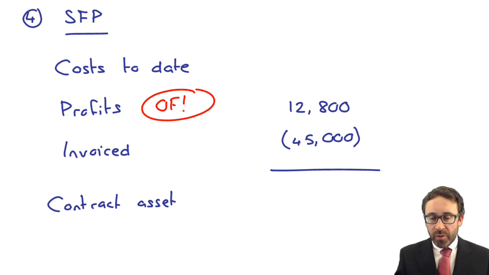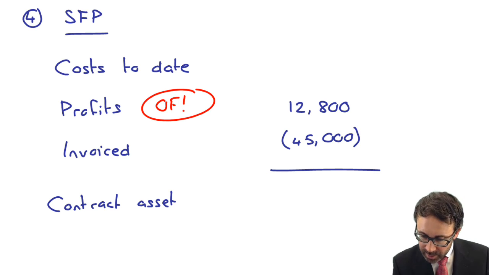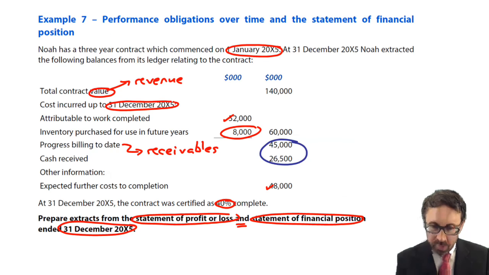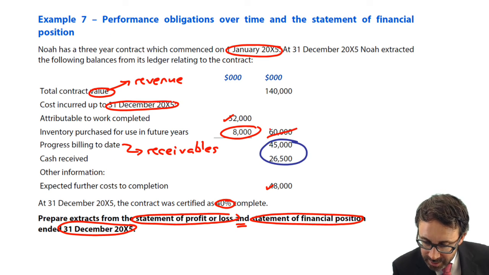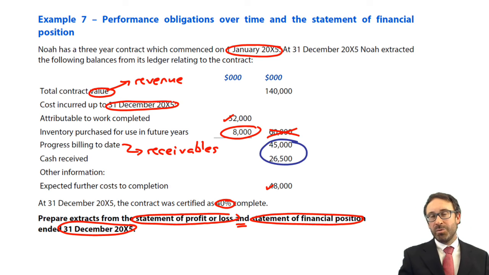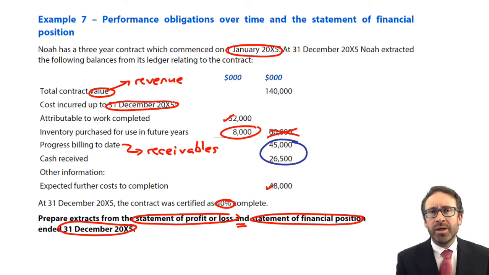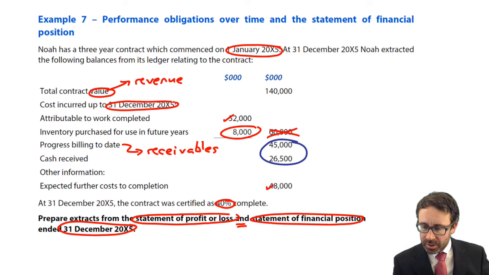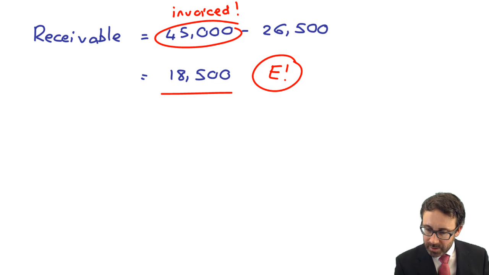You've got to just be careful with the cost to date on this question, because when we're looking at the costs, you could quite easily go through there and take the 60,000, because yes, we've incurred those costs, but they don't relate to this period. It's just inventory that we've bought that relates to a future period, doesn't it? So we can't recognize that as a cost at this point in time.